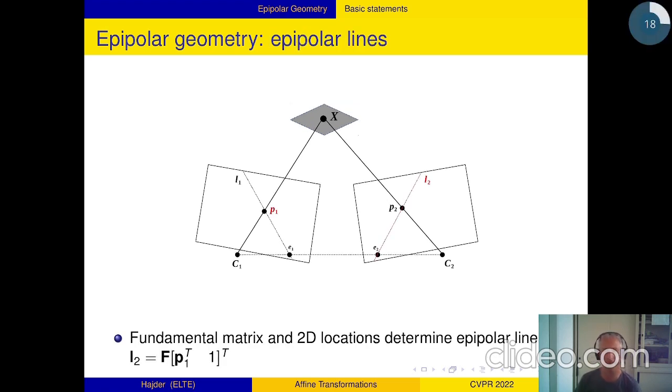The fundamental matrix, I said a few minutes before, determines the two lines, which are called epipolar lines.